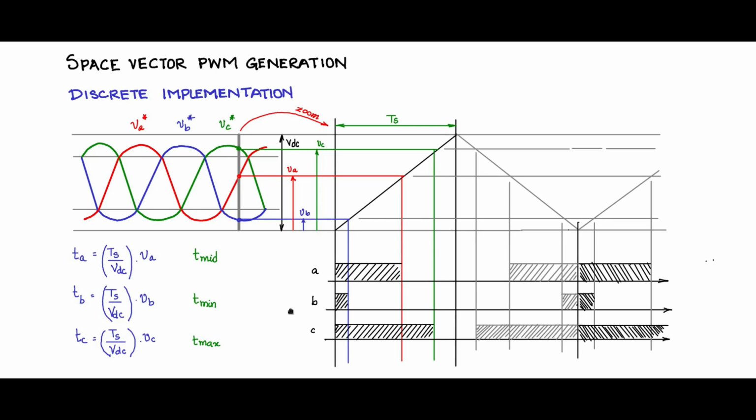But in the digital domain, we need to give values, numbers to a compare register, and it will compare with this counter or timer and then make a port high or low depending upon the compare value. So how to calculate and give? We have calculated TA, TB, TC.